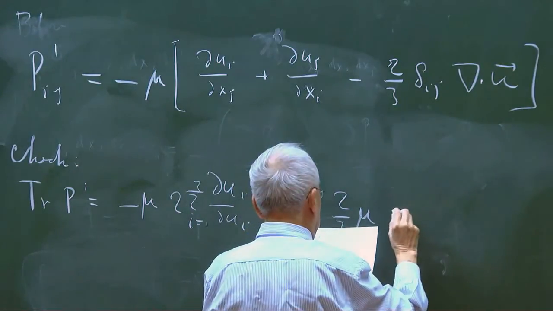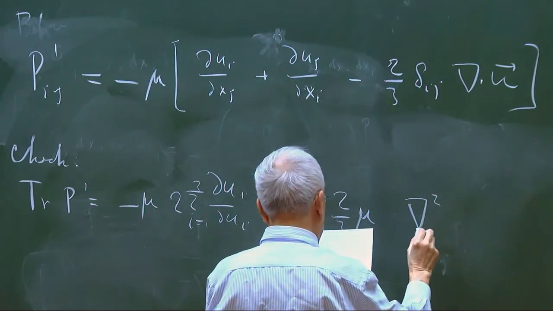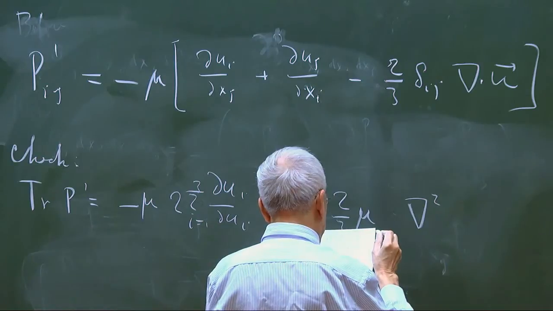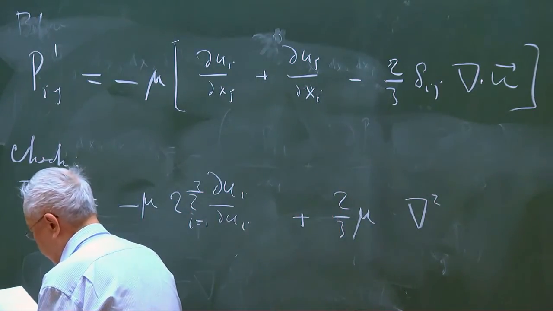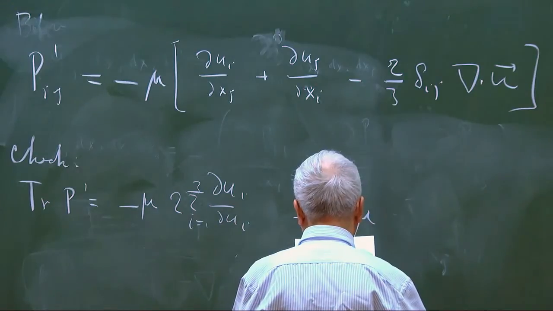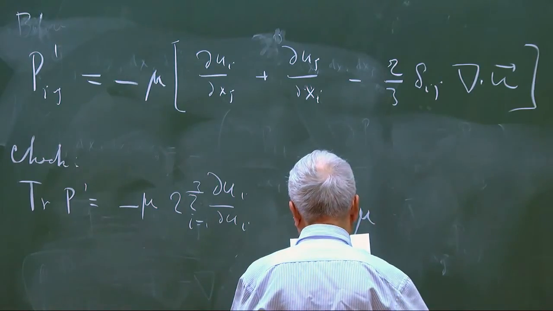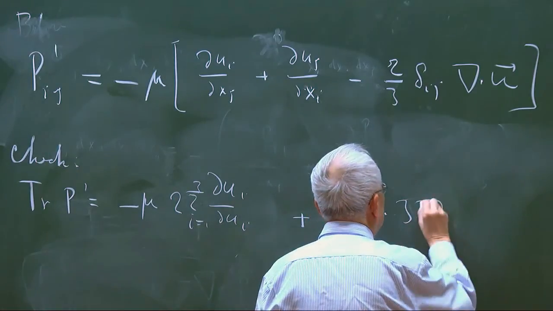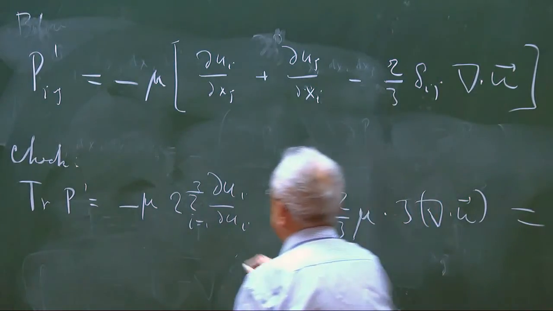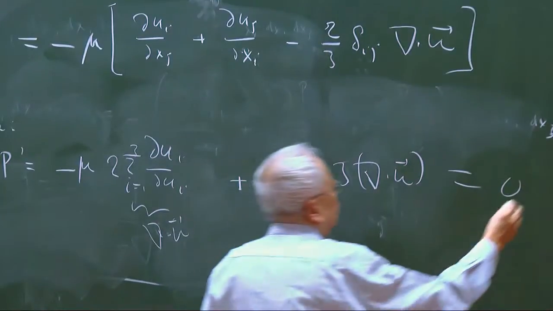I put i equal to j in the sum, so I get the Laplacian. P_ij is equal to this plus 2/3 mu times 3 times divergence of u. 3, because when I put i equal to j in the sum, I get 3. And this is equal to 0. So you can check, because this is just the divergence of u. So the 3 cancels.